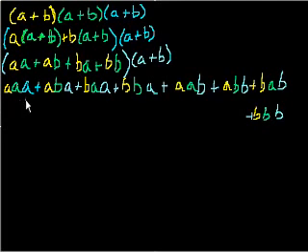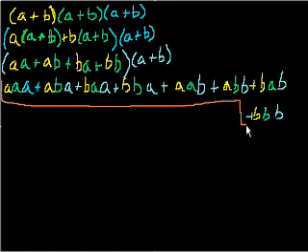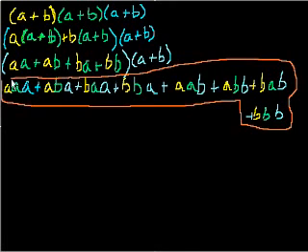So essentially we've done every way of picking either an a or a b from these three different terms. And that ends up with 1, 2, 3, 4, 5, 6, 7, 8 terms, right?